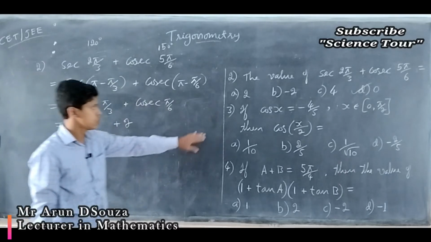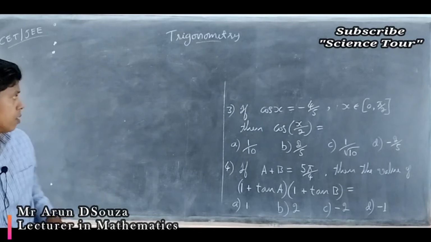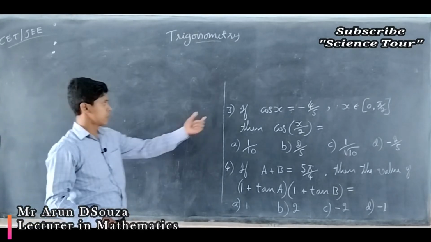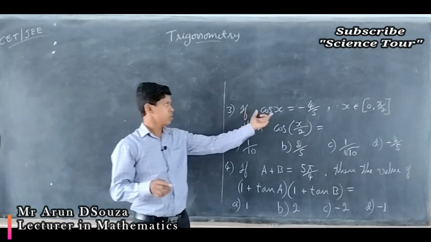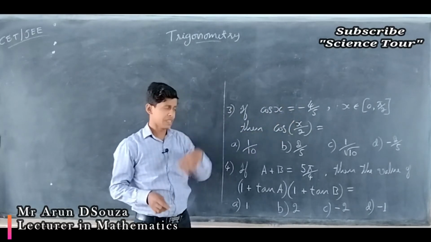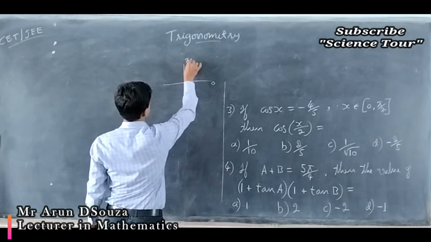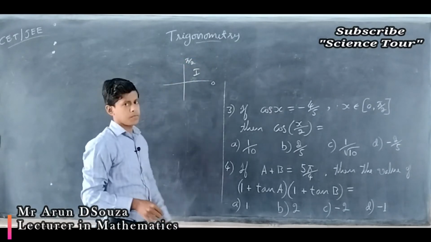Now let's move to the next question, question number 3. Well, now let us look at the third question. Cos x is given as minus 4 by 5, and they are saying x is in between 0 to 90. That means it is in the first quadrant.